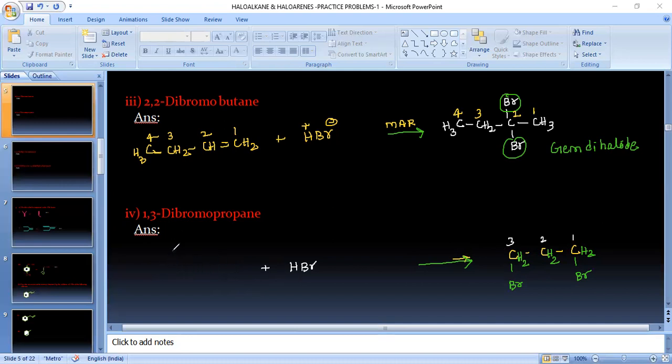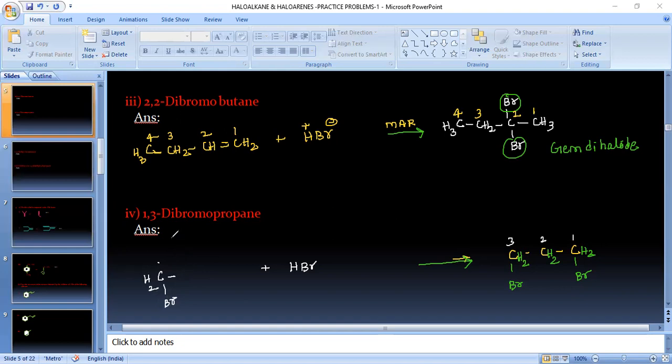So how can we write it here? CH... Achha, since there are 2 bromines, just here we go through two ways, means 2 methods. That means 2 steps. Like the first one we can write as CH2Br, 2, 3, 4.